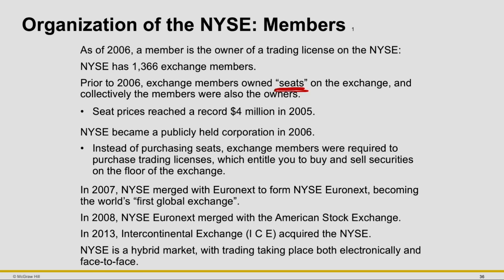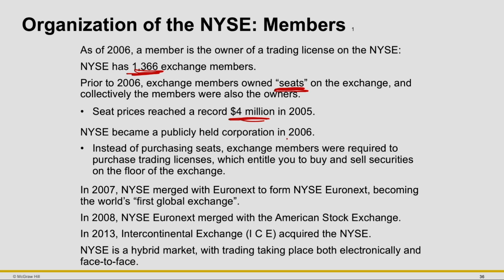They held a seat, and there were actually 1,366 members or seat holders on the exchange. And you could buy and sell a seat just like you could buy and sell a partnership in another business. And the prices of the seats varied over time. Just before the NYSE became a publicly traded corporation, seats were selling for somewhere in the neighborhood of $4 million.